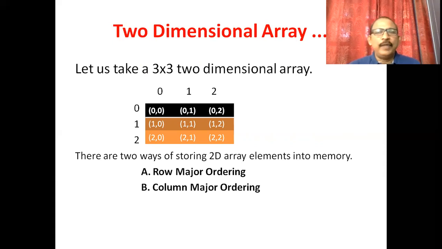So there are two ways we can map a two-dimensional array into a one-dimensional array before storing it in computer memory: row major ordering, and next is column major ordering.